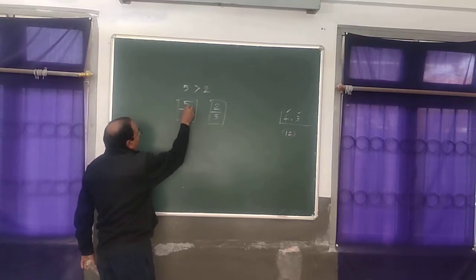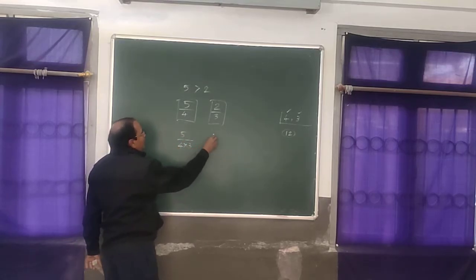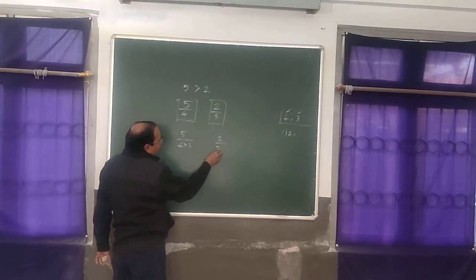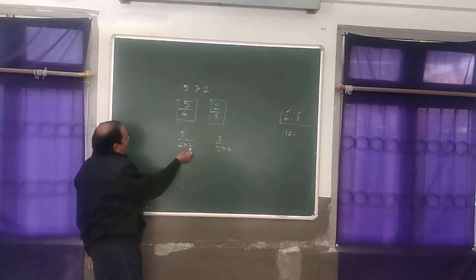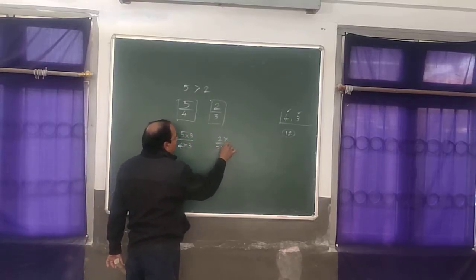Now we will make this 4 also 12. So 5 by 4, how to make 12? Multiply by 3. Similarly, 2 by 3, we have to make 3 also 12, 3 into 4. Since we are multiplying the denominator by 3, we have to multiply the numerator also. Similarly, here also we will multiply the numerator by 4.